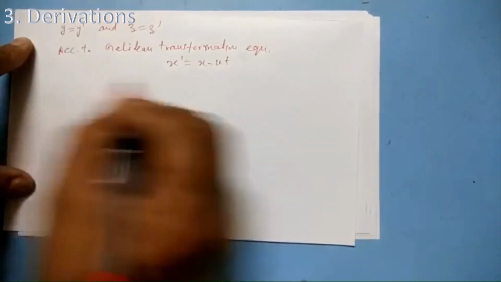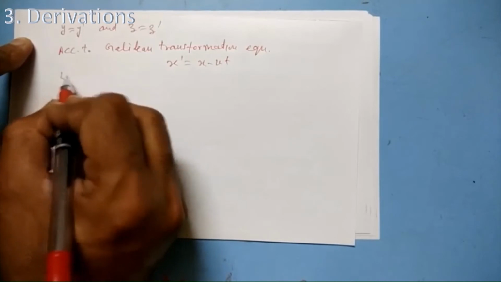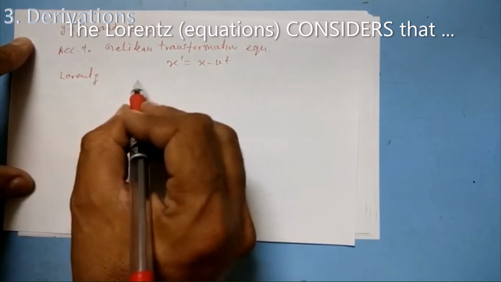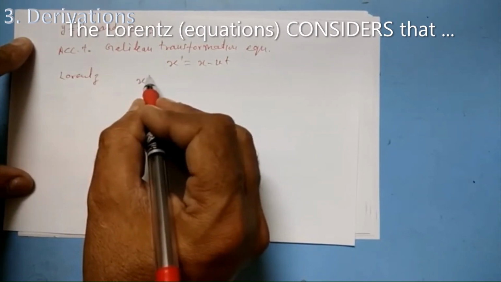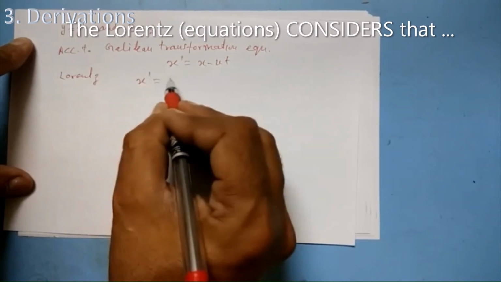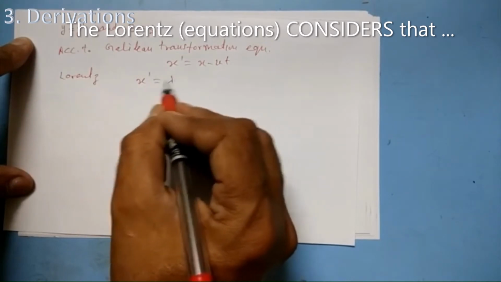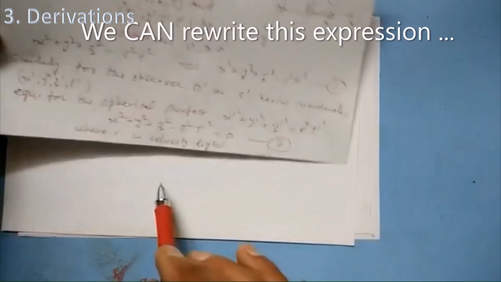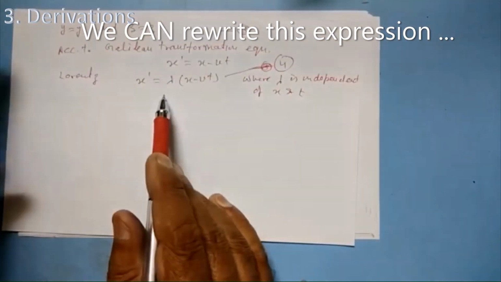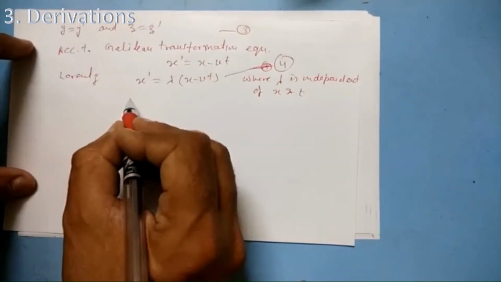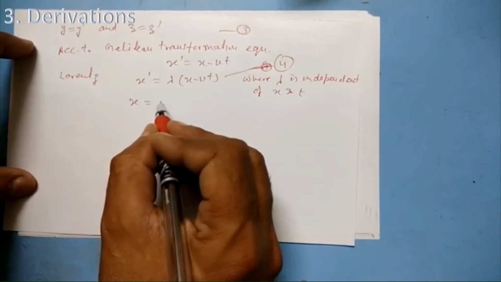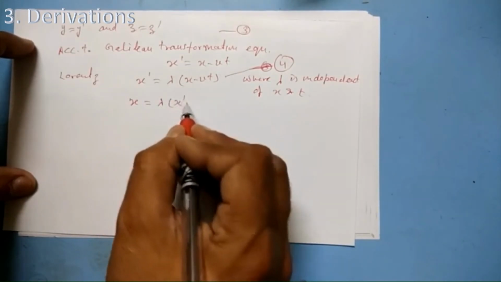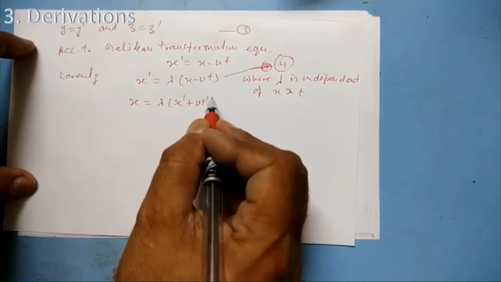So Lorentz considers that this relation is written as x dash is equal to lambda times x minus vt. We can rewrite this expression as x is equal to lambda times x dash plus vt dash.